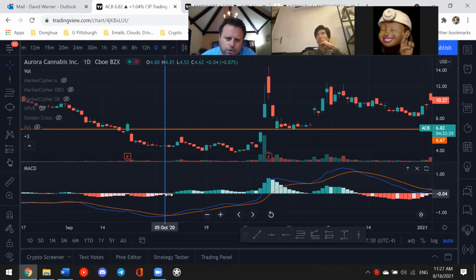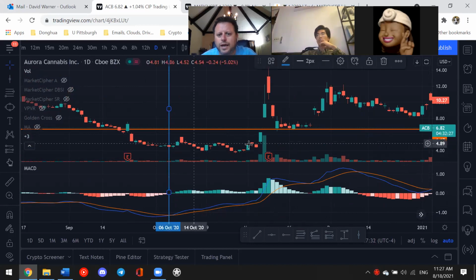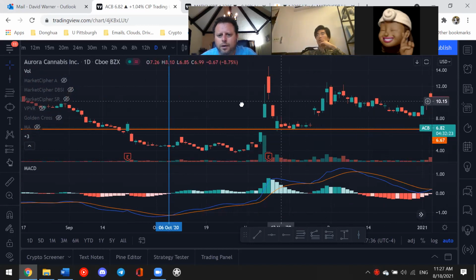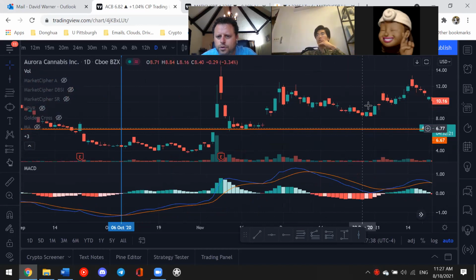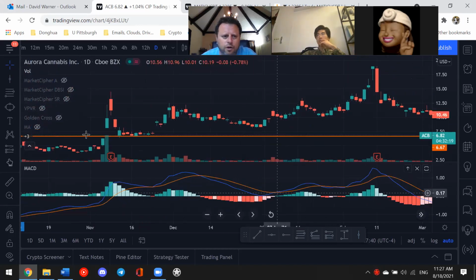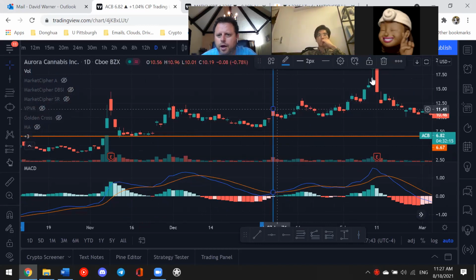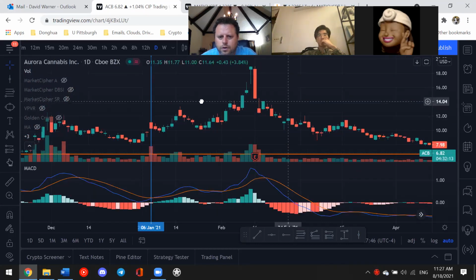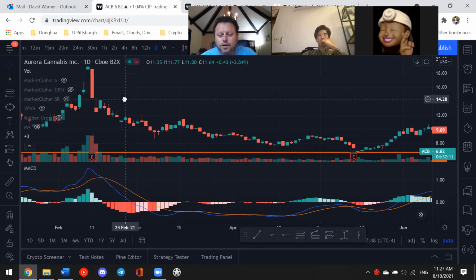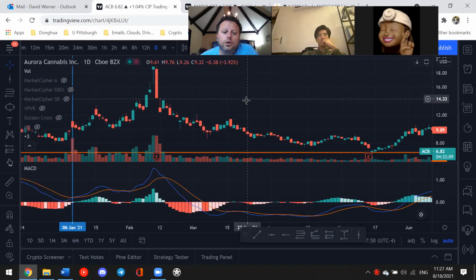Would this have been a good time to buy? Price went down a little and then shot up. Yes, it would have been a very good time. Blue line crosses above the orange line here. Would this have been a good time to buy? Yes. You get the point? It pretty much works.